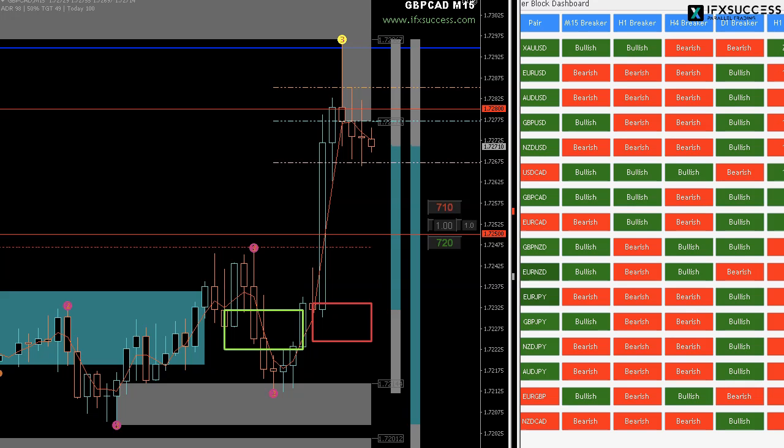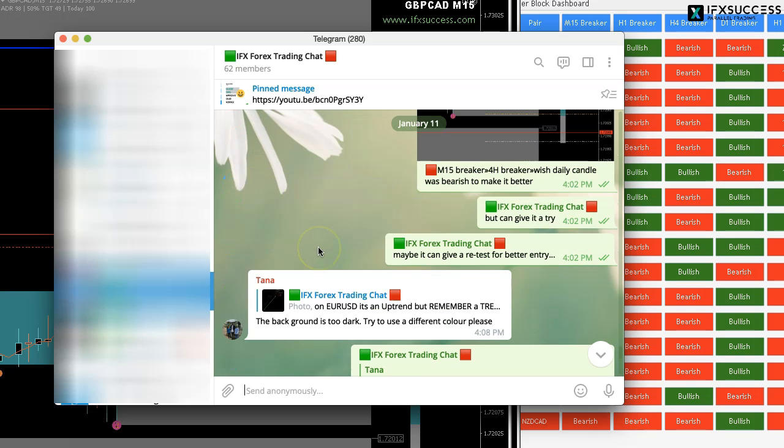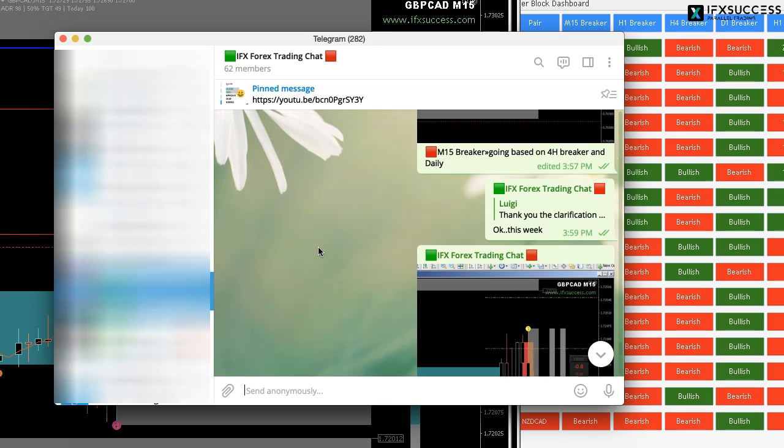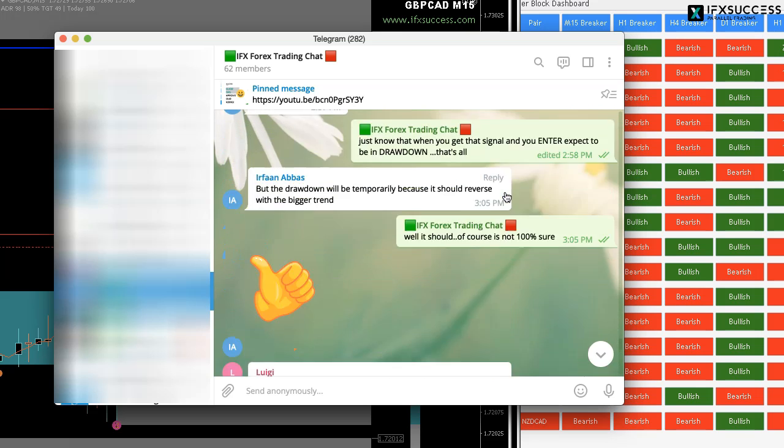But anyways, what happened was that there was a breaker over here on an entry, which I'm going to look for. I'm going to open my Telegram, which you can actually join as well. And this was my entry right over here.